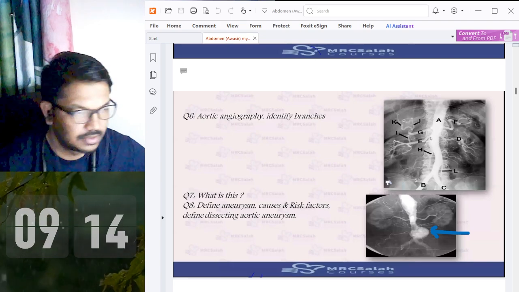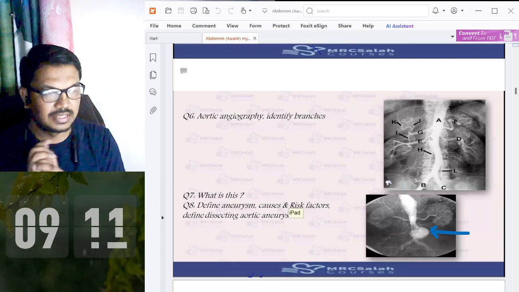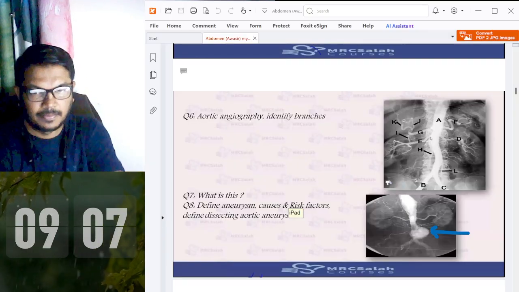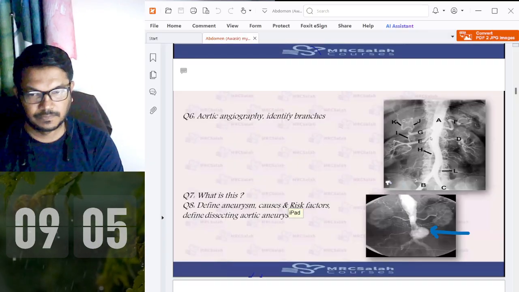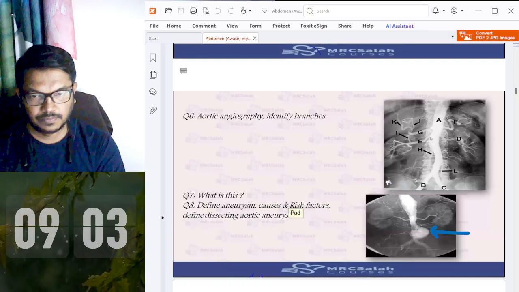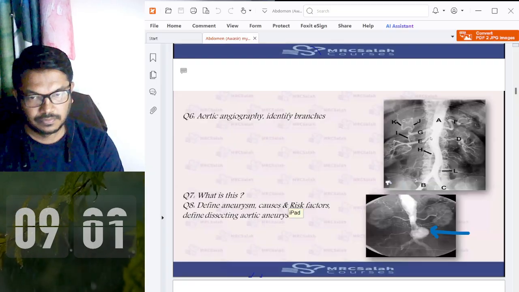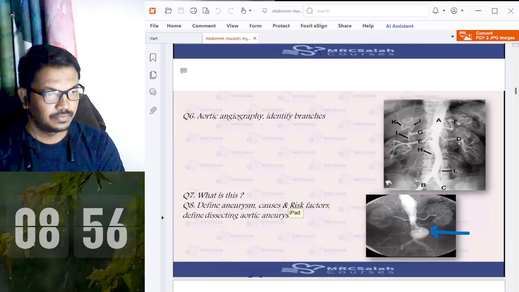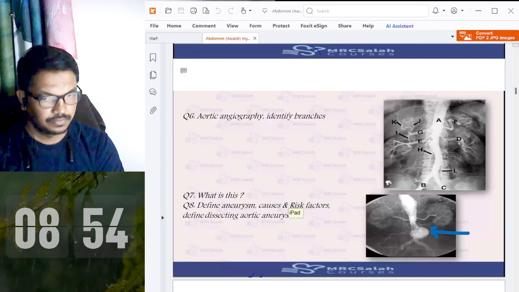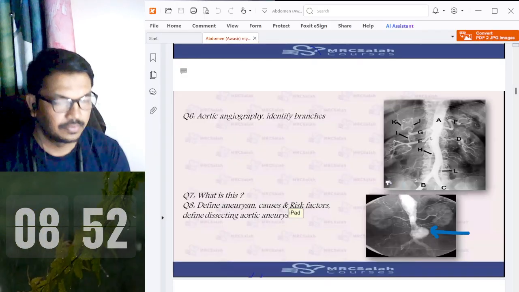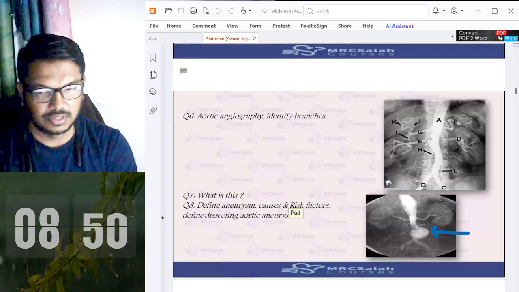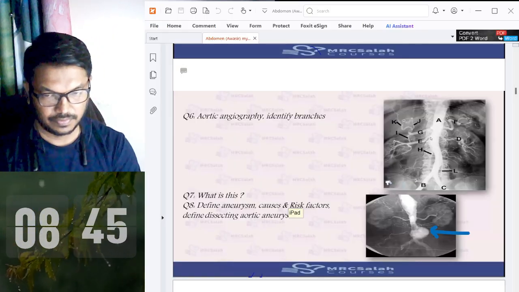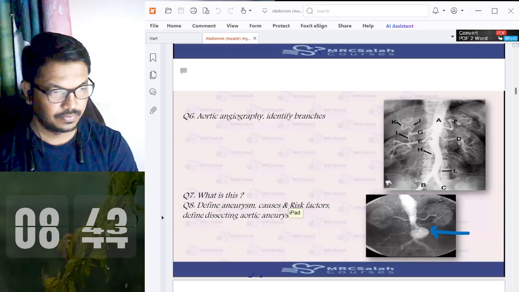Okay. What is the difference between aneurysm and dissection? Dissection, dissecting aortic aneurysm. The change is separation of the layers of the arterial wall with propagation of dissection proximally and distally.